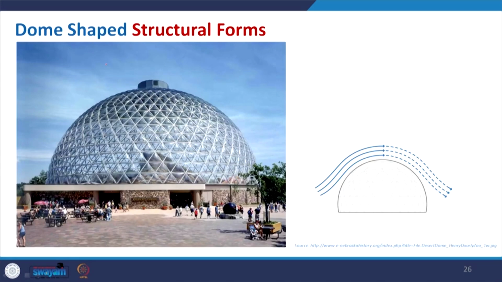Coming to the dome shape, it is always preferred for windy areas where you can have this kind of movement, where the wind from this direction can easily pass through, and that will not create much thrust on the structure.